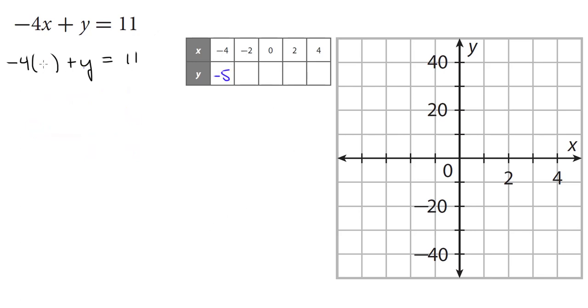Next, where x is negative 2, negative 4 times negative 2 is positive 8, plus y equals 11. Then when I subtract 8 from both sides, I get y equals 3.